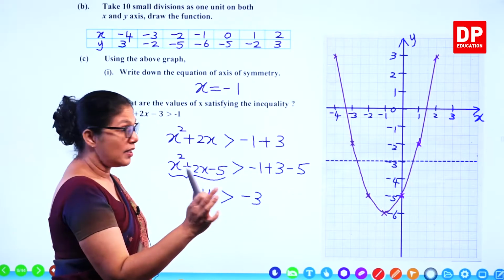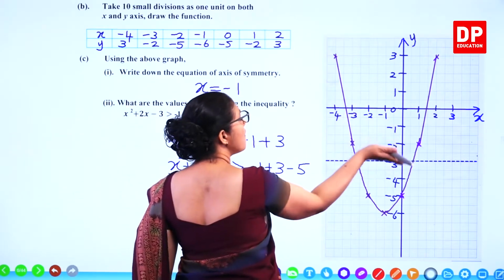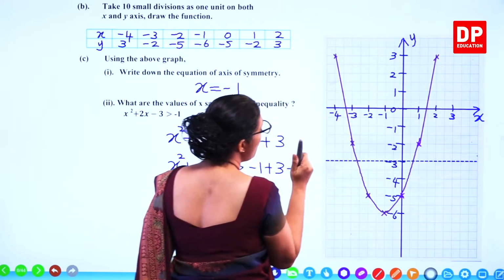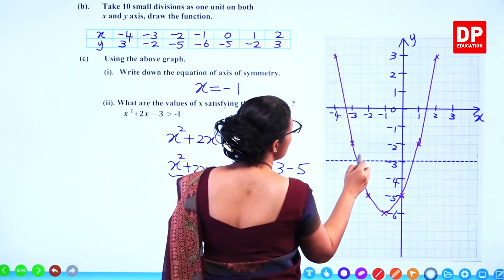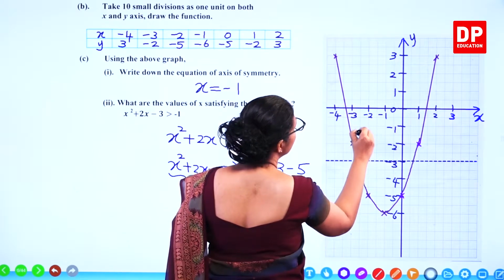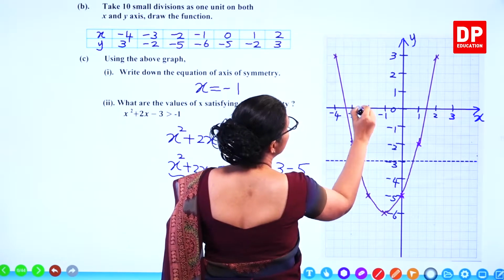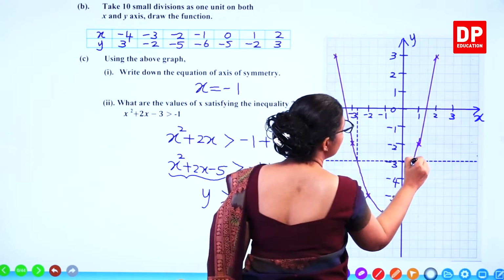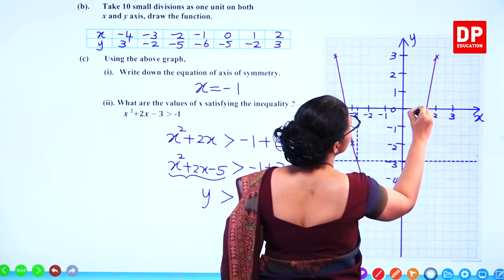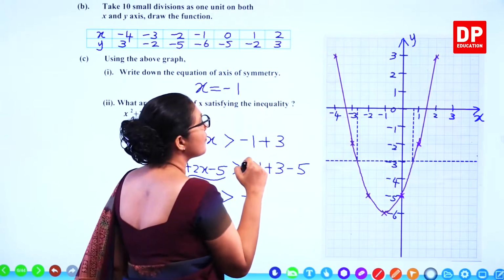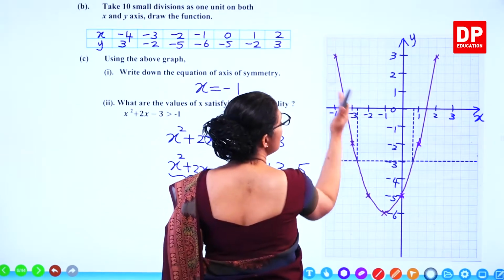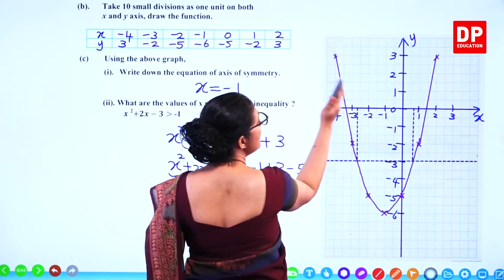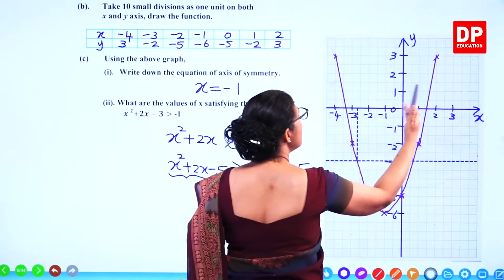So greater means above. Where you get. So we have to read this value and this value. So the curve from here this way and here this way.